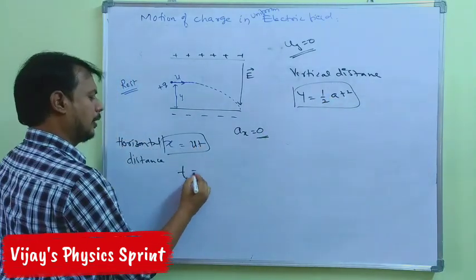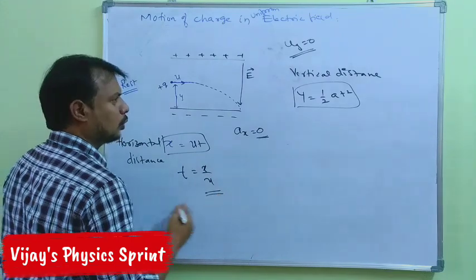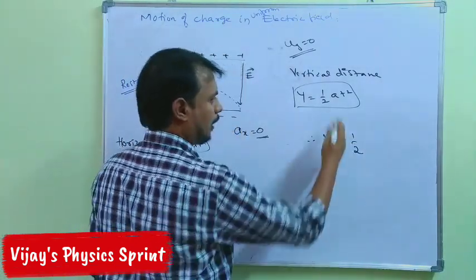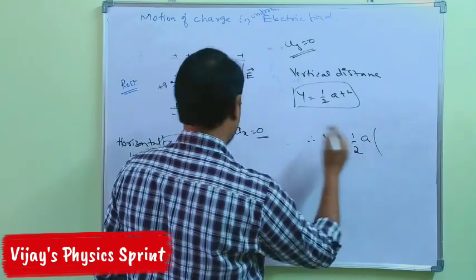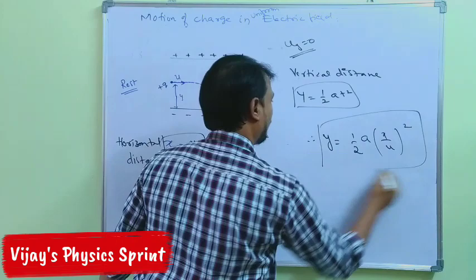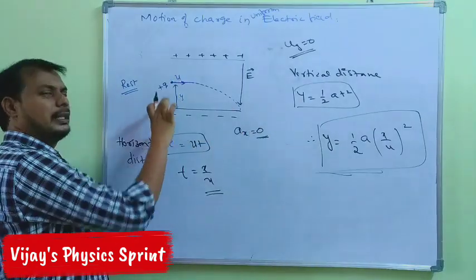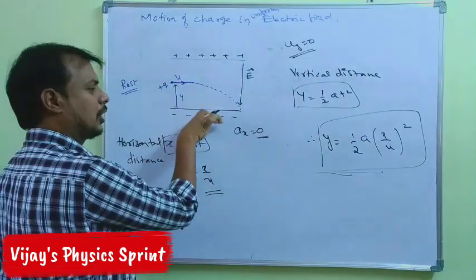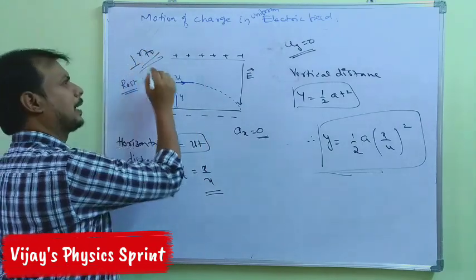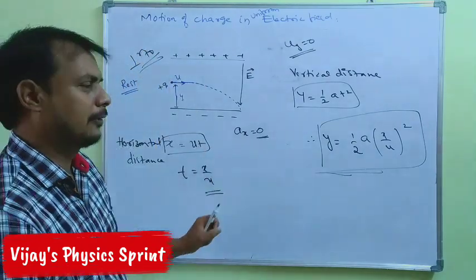I am writing t from x equals ut, t is x by u, so substituting, y is equal to half a into x by u whole square. So this is the vertical distance traveled by the charge when it is perpendicular to the external uniform electric field.